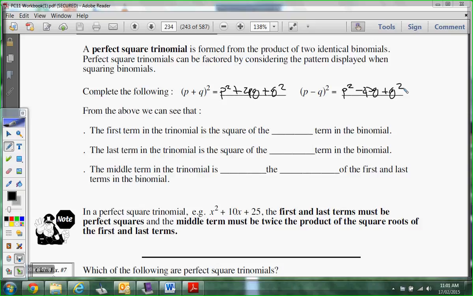Okay? So it says from above we can see that the first term of the trinomial is the square of the first term. So the first term of the trinomial, p squared, is the first term squared. The last term of the trinomial is the square of the last term. Q squared is q squared. And then what do you think the middle is? Middle term is blank the blank of the first and last terms in the binomial.